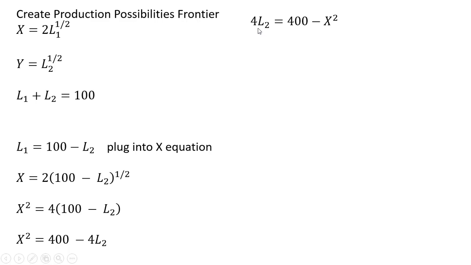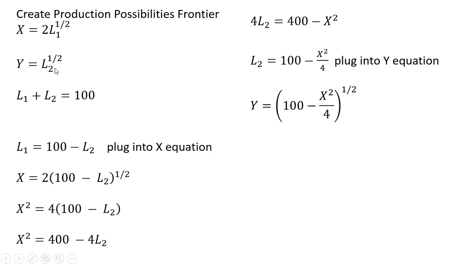We're going to solve here for L subscript 2, so just moving some things around and dividing through by 4. I'm going to take this equation and plug it into the y equation, so where I have L subscript 2, we're now going to plug in 100 minus x squared divided by 4.